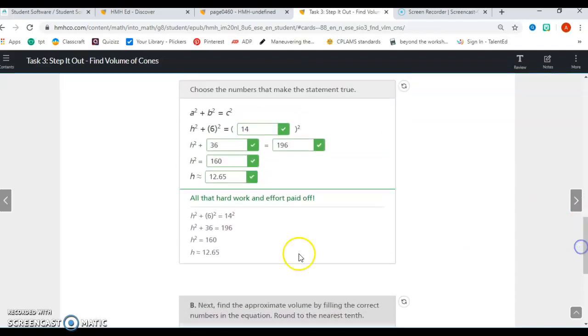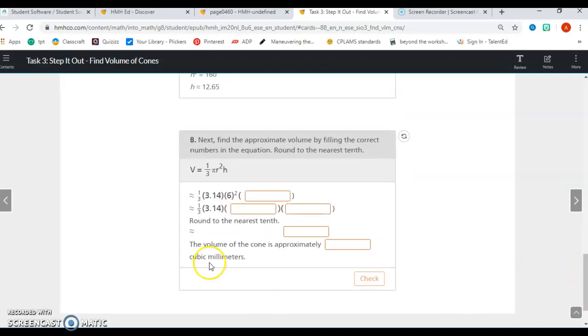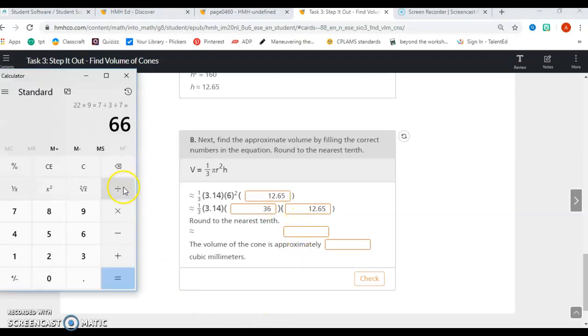So now that you were able to solve for the height, 12.65, you are going over the Pythagorean theorem to solve for that unknown height, and then we can plug the height into our volume formula. 1/3 pi times radius squared times our height, 12.65. Let's square out our radius. 6 times 6 is 36 times our 12.65. And then round to the nearest tenth. Oh my.